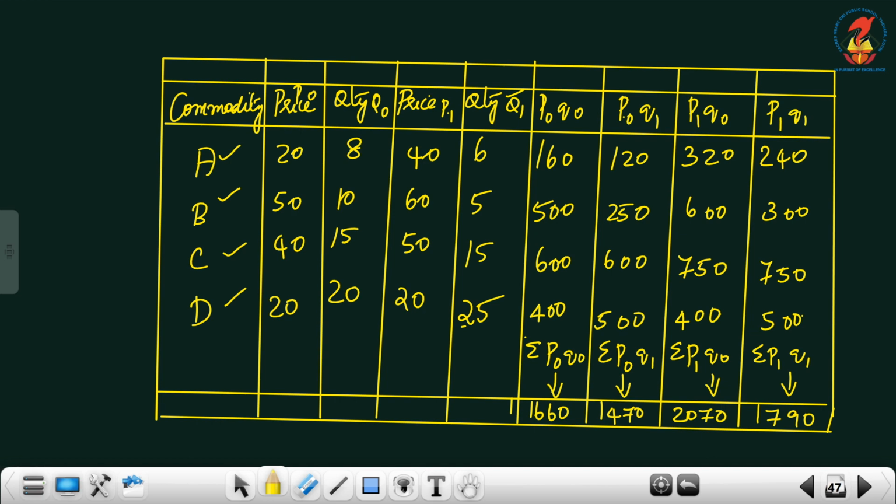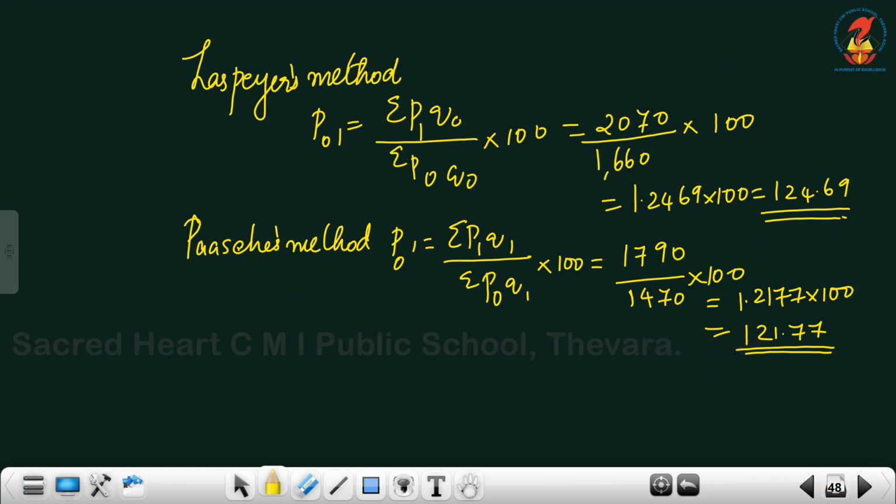So all these are found and we have multiplied P0 with Q0. So all the multiplications are done and the values are written in the table. You need to work out, and finally we have found the total of all these because we need all these values, isn't it? Then we have straightaway applied the formula.